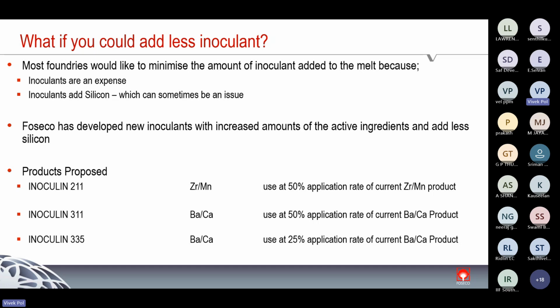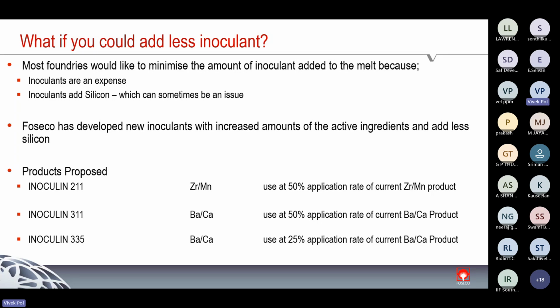So we have come up with a new inoculant, which we call concentrated inoculants, and with that we can use the concentrated version at a very low addition rate, like 50% lower, or even 75% lower.